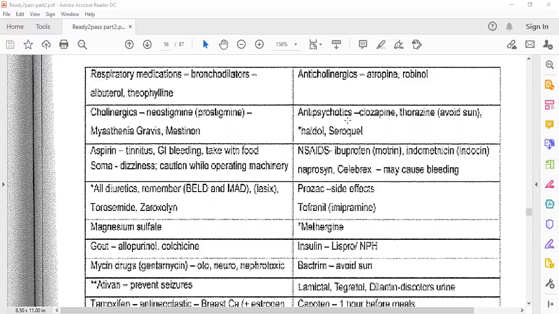So antipsychotics, formerly known as major tranquilizers, and neuroleptics.